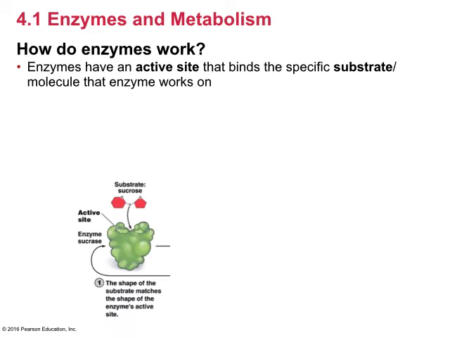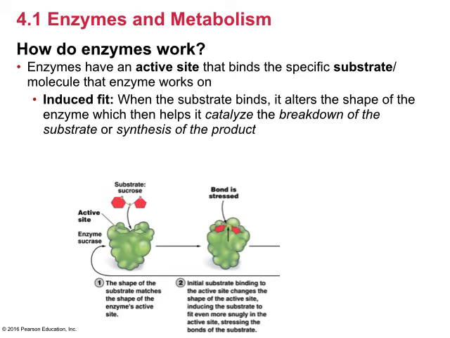So let's look a little more at how these enzymes speed up chemical reactions. So let's look at the structure of an enzyme. Enzymes have an active site, which is labeled on the diagram here, which binds the specific substrate or molecule that that enzyme works on. So each enzyme has like a little pocket, which is the active site, and that's going to match the substrate. In this case, we're still looking at sucrase, so the substrate is sucrose.